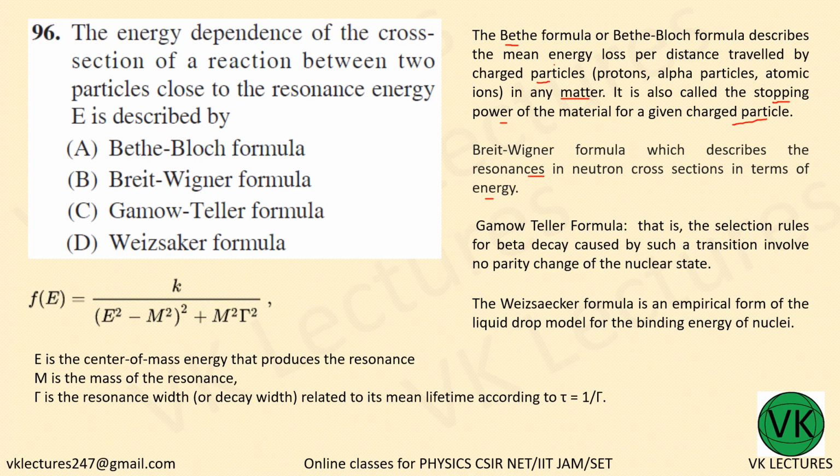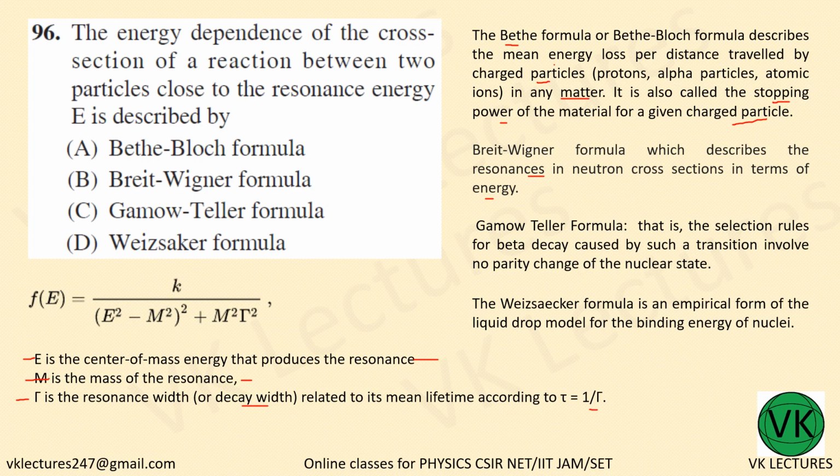This is k divided by (E square minus M square) whole square plus M square gamma square, where E is the center of mass energy that produces the resonance, M is the mass of the resonance, gamma is the resonance width or decay width related to its mean lifetime according to tau equal to 1 by gamma.